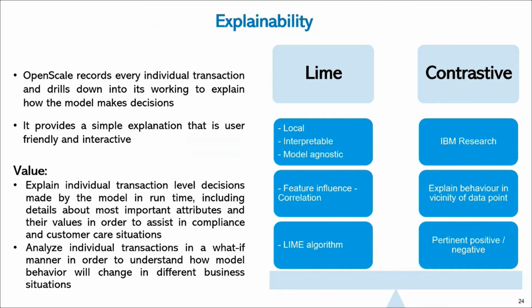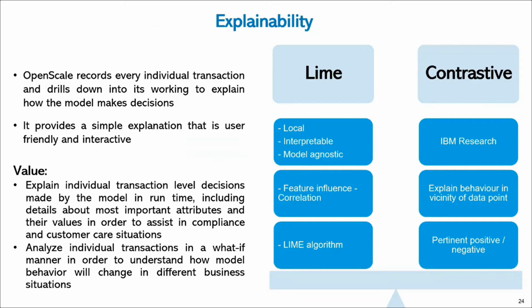Now, broadly, there are two ways to perform explanations of models. One is called LIME, and the other is called contrastive. Now, LIME is an open source algorithm. It stands for Local Interpretable Model Agnostic Explanation. Now, local implies that the explanation being provided holds good in close proximity of the instance being predicted.